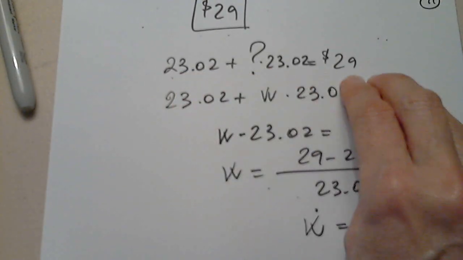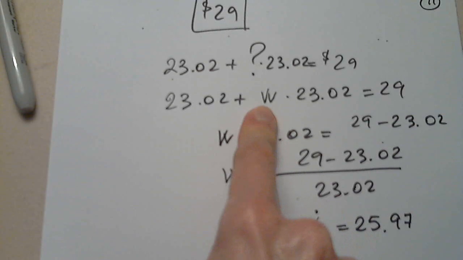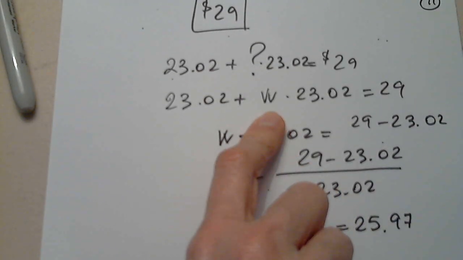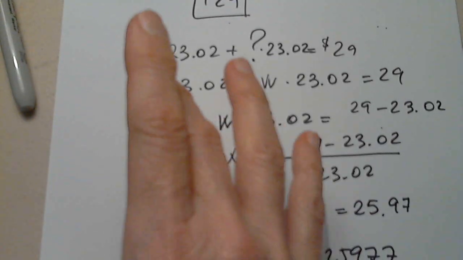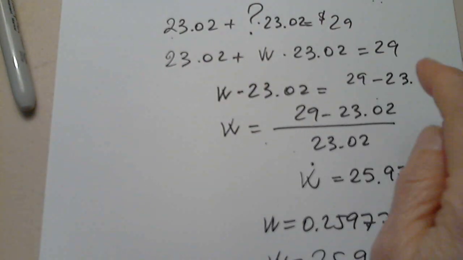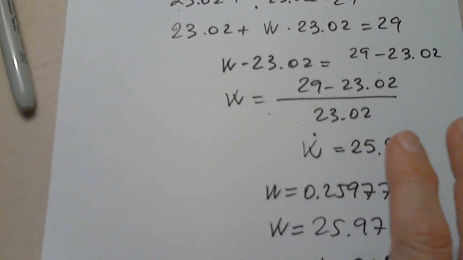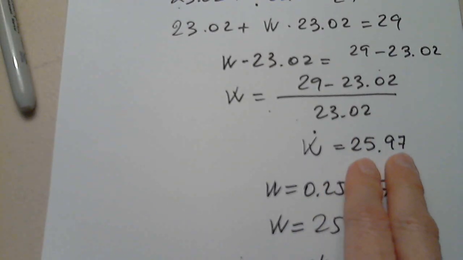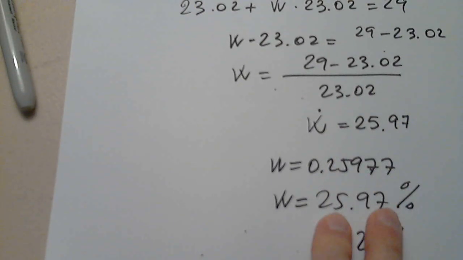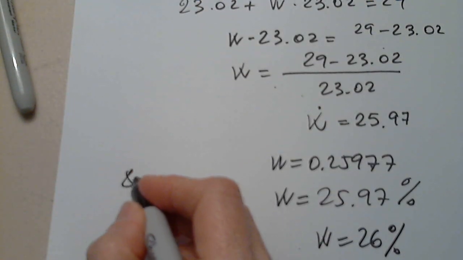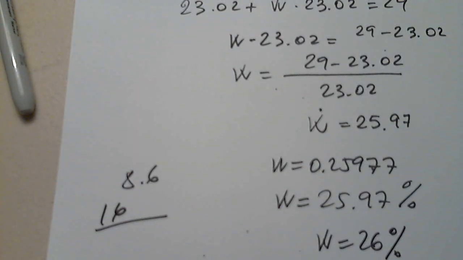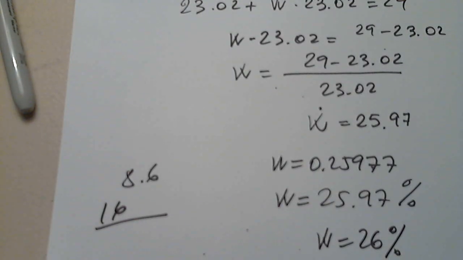I wrote another equation where I denoted the percent by whatever letter you want, A, B, C, but not X because we already used X. Move 23.02 to the other side, subtract, divide by this, get the decimal number first, change it to a percent, and read the fine print to see how to enter the answer. But again, please do not make that mistake. It's not 8.6 plus 16. So do not do that.